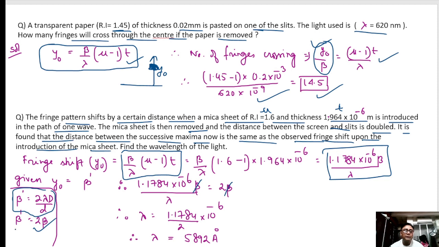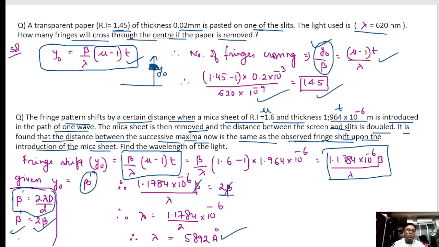So the fringe width will now be twice the fringe width. It is found that the distance between the successive maxima now is the same as the observed fringe shift. Okay, the distance between the successive maxima is the same as the fringe width. That means this will now be 2 beta. So beta and beta will cancel. From there we can find the wavelength.